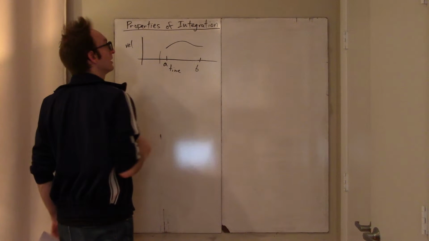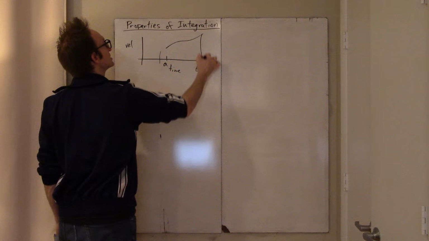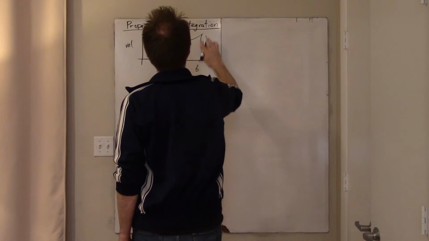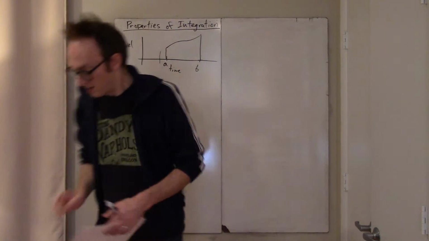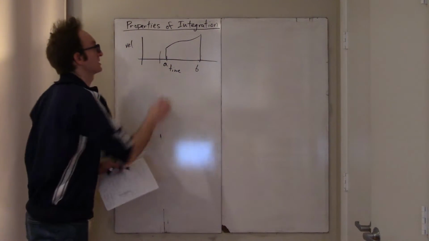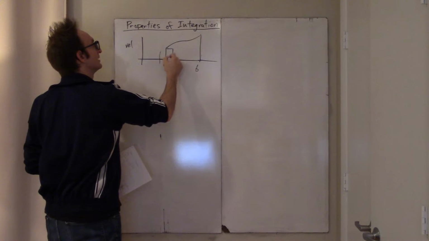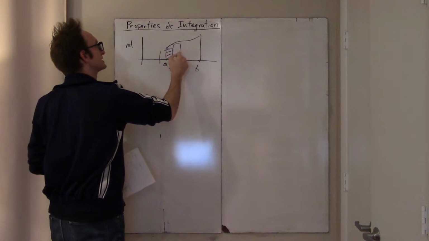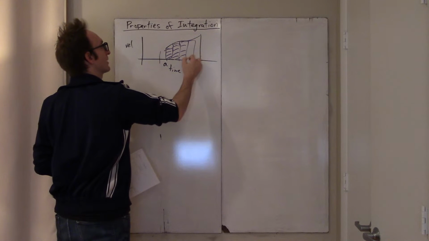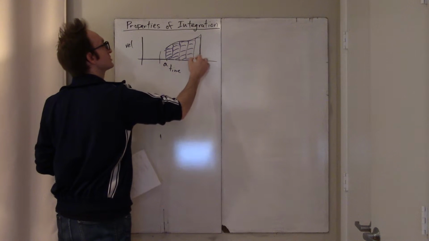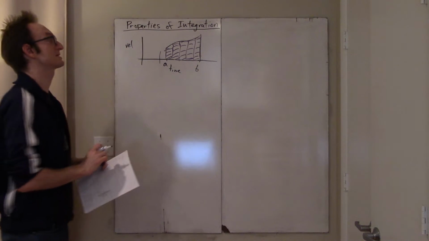this interval. Well, what you can do, even if you have some function where the velocity is changing at every moment, you can estimate the change in position or the distance traveled by splitting it up into a bunch of small rectangles and letting each of these rectangles represent the distance traveled on that small interval, assuming on that small interval that your velocity is constant.